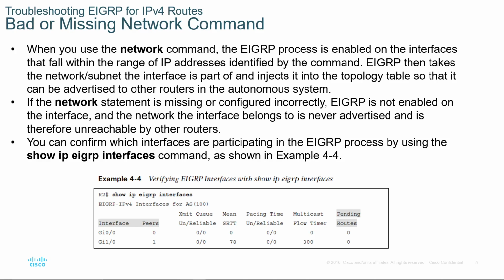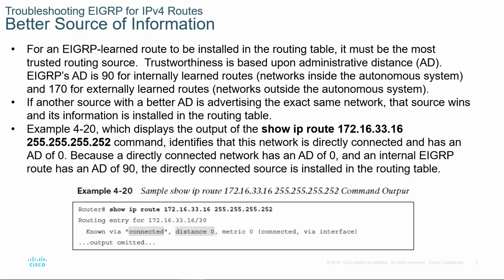It's not the only reason why we may be missing a peer, but it's one of the good ones. So the other way we can look at our information is using the show ip route and listing the route that we want to look at.